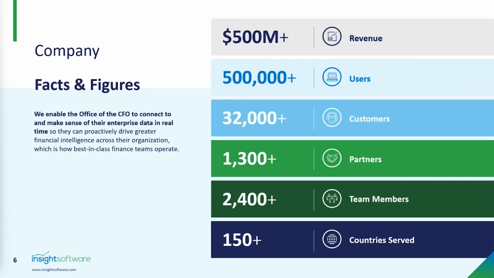Now, a little bit about Insight Software, the company. I've been involved with this organization since the start. I've been in the financial space now for a little over 25 plus years. And what Insight Software does is it provides solutions for the office of the CFO. So when you think about the office of the CFO, you're thinking about the financial aspect, all the different pieces.